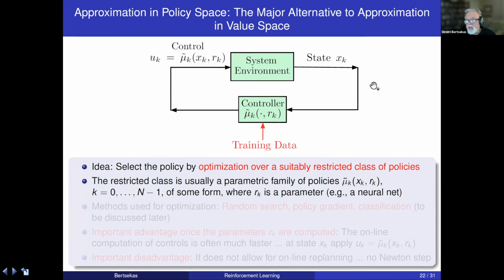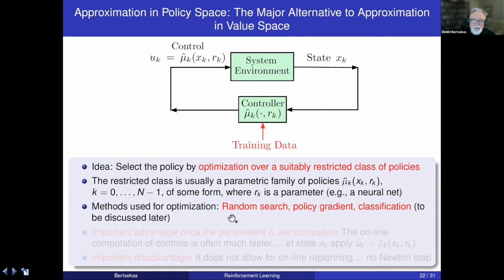Now, of course, an interesting question is what kind of method we're going to use for this optimization. There are methods based on random search, searching within the space of parameters, semi-randomly, with some purpose, of course. Policy gradient methods, where we move r_k in desirable directions involving the gradient of the cost function with respect to r_k.